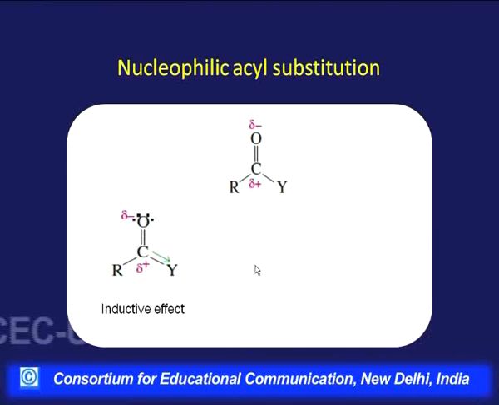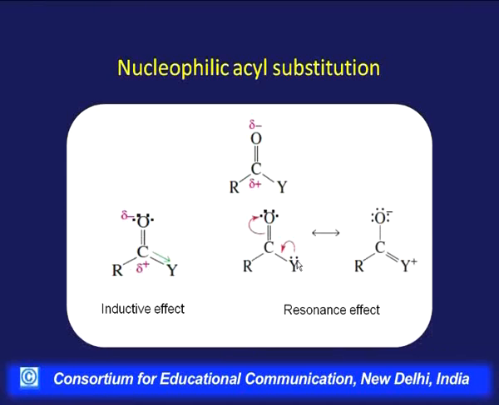But if this group can take part in resonance using the lone pair of electrons, then this lone pair will be involved in resonance like this, and since the electrons are shared from this Y group towards this carbonyl, the positive charge on this carbon will be reduced. So, resonance effect and inductive effect are creating opposite effects.